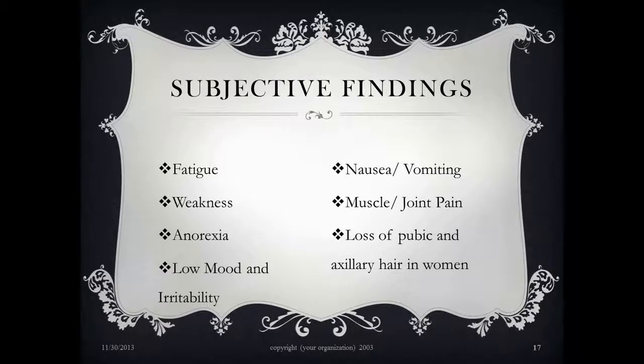Subjective findings, things that patients would complain about, are fatigue, weakness, anorexia, low mood and irritability, nausea and vomiting, muscle and joint pain, and the loss of pubic and axillary hair in women.